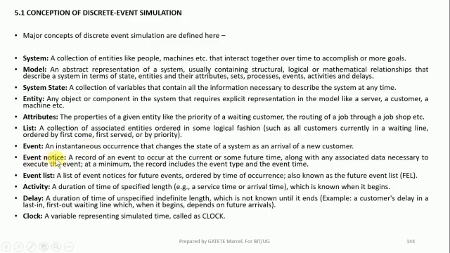An event notice is a record of an event to occur at the current or some future time, along with any associated data necessary to execute the event. At minimum, the record includes the event type and the event time. An event notice is a record which shows the event which is currently occurring or the event which is about to come.